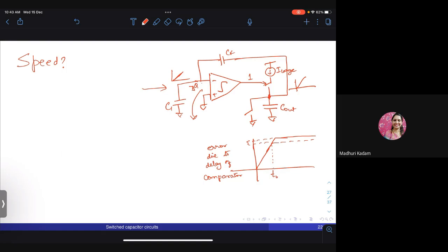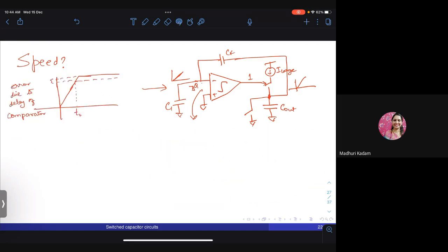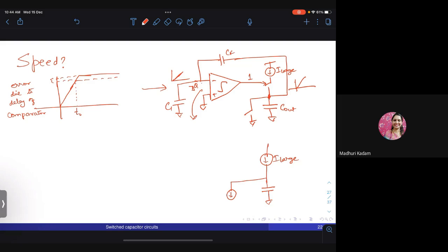So what I'm trying to say is, I'll shift this here. If I use a comparator like this, I have a large current I large, which is going to drive the output capacitor, and I have a smaller discharge current, which is, so here there's a switch, right?